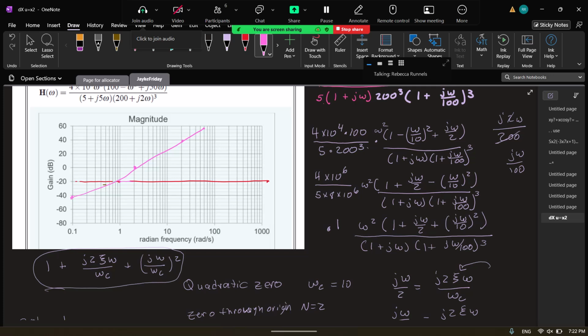And then, let's see. The pole goes through 1 and then has a slope of -20. And then I have a pole, corner frequency 100, and it's order 3, so that has a slope of -60.